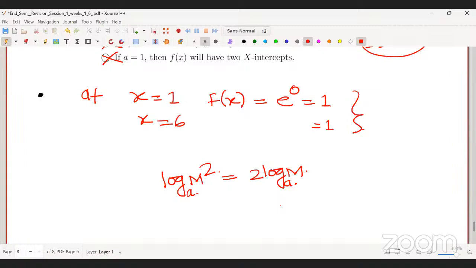What I will suggest is to ask for the session on log. As far as I remember, in a session I have explained all the questions from 6.1 and 6.2, and that session is completely dedicated to finding the domain of log functions.